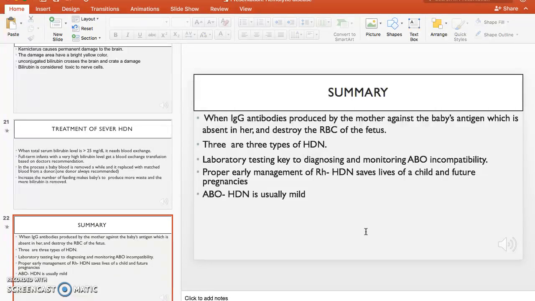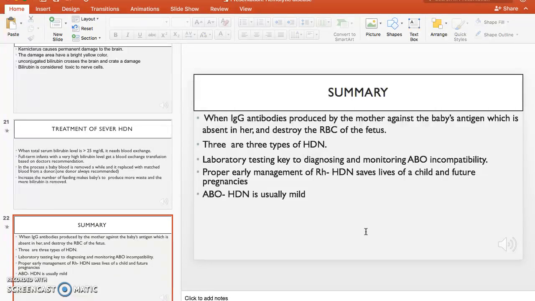Laboratory testing is very important. We do not jump to conclusions without any laboratory test. We have to check the DAT and the bilirubin level, and looking at other blood morphology helps us make sure whether the baby has jaundice or not.